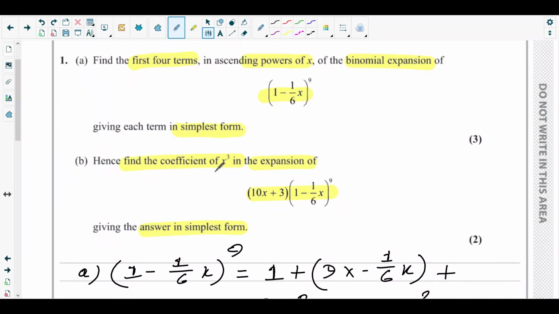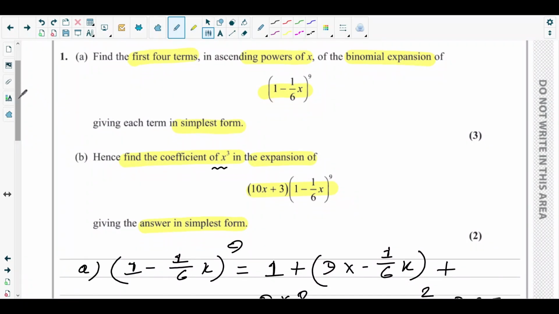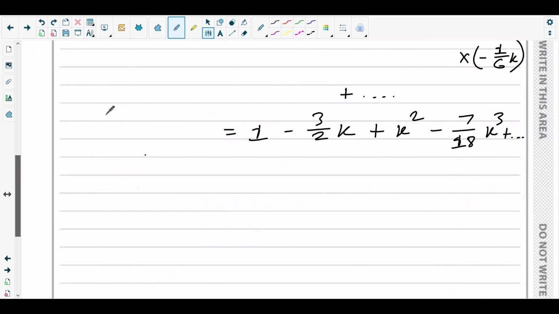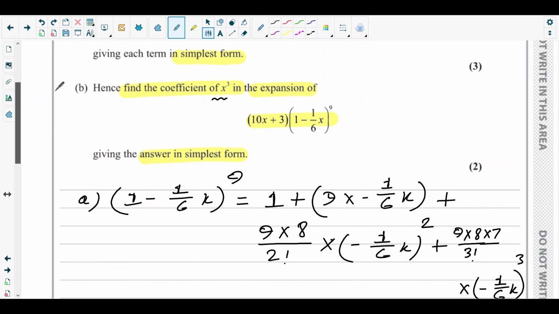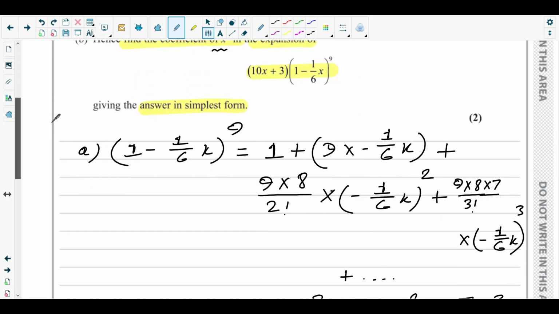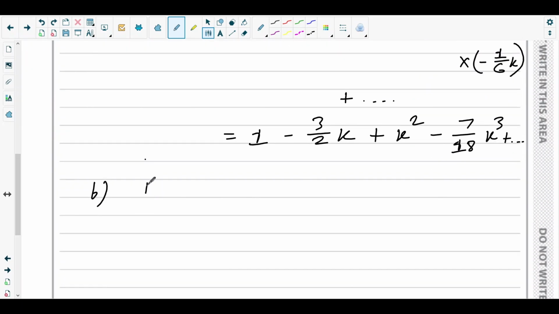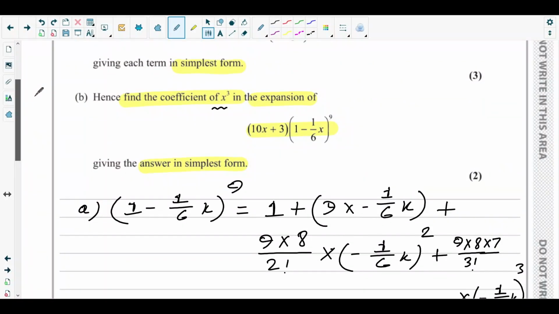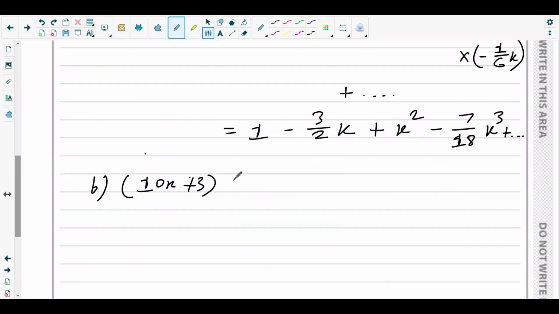To get the coefficient of x cubed, first consider the product of the two expressions: 10x plus 3, times the expansion. We know the first four terms of the expansion: 1 minus 3 over 2 x plus x squared minus 7 over 18 x cubed.